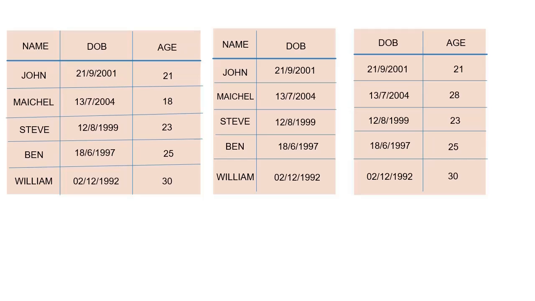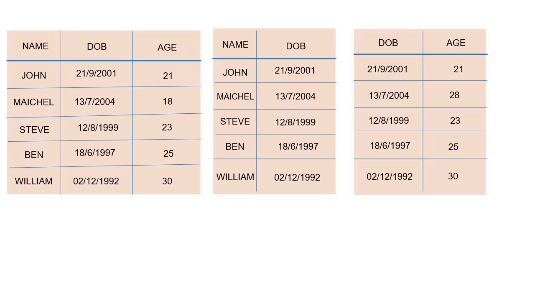And getting into the third normal form, there must not be any dependency of a non-prime attribute on another non-prime attribute. All the non-prime attributes should be dependent only on the prime key attributes. So here we have three columns: name, date of birth, and age, where name can decide the date of birth and name can decide the age.